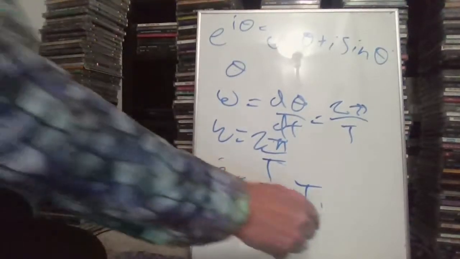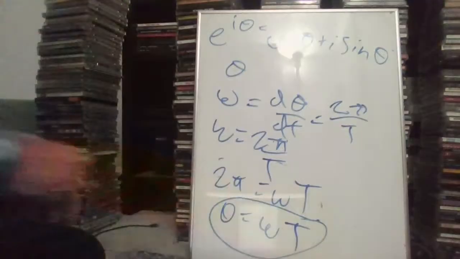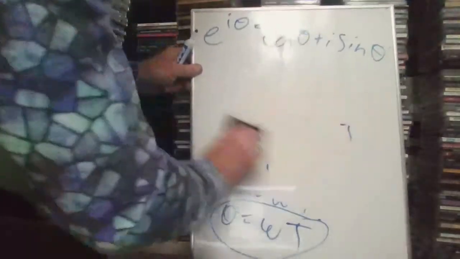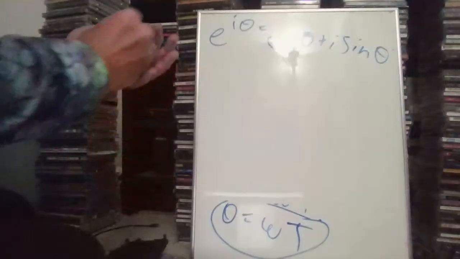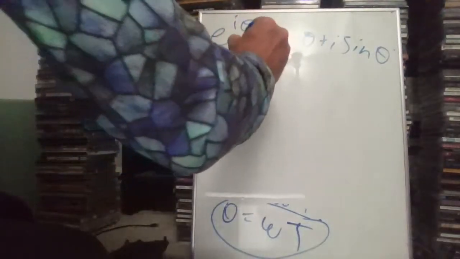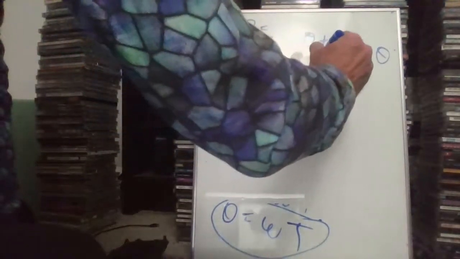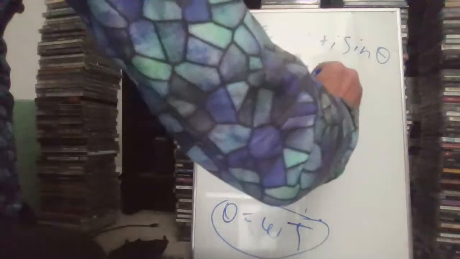Got that so far? Theta equals omega t. Fair enough. Now we know that much. Let's go back up here and say e to the I omega t equals cosine omega t plus I sine omega t.